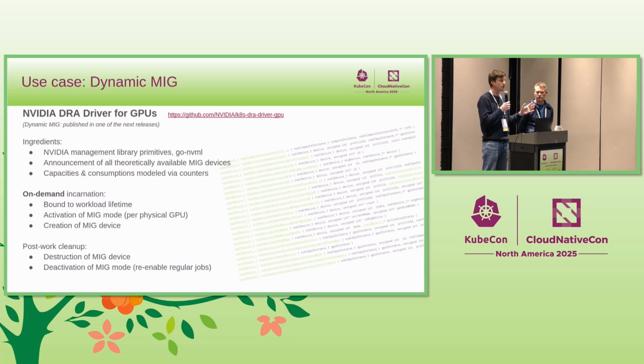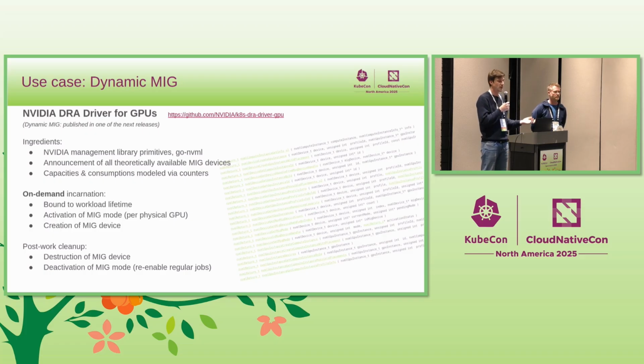So what do we need to do when a workload comes in that wants a MIG device created? If it lands on a GPU that doesn't have MIG mode enabled so far, we dynamically enable that, and create the MIG device with the corresponding NVML API calls. When the workload is gone, we clean up, meaning at the very least we destroy the MIG device.